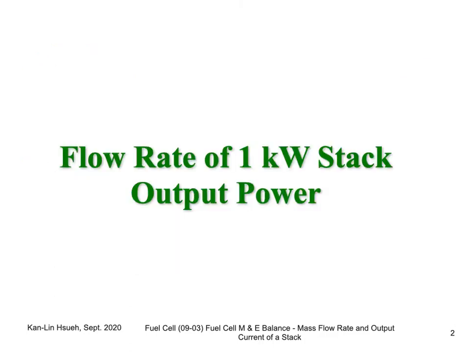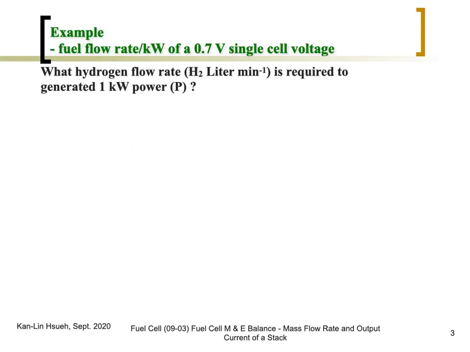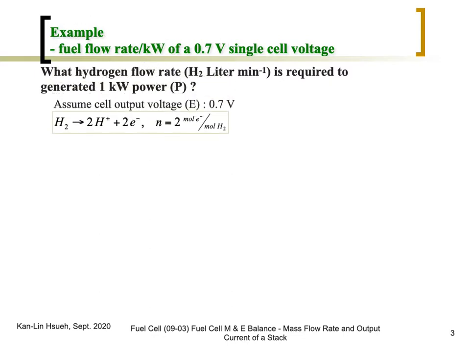In this section, we talk about a 1 kilowatt stack and how we calculate the flow rate, as an exercise. What hydrogen flow rate is required to generate 1 kilowatt of power? We assume the cell output voltage is 0.7 volt for a single cell.